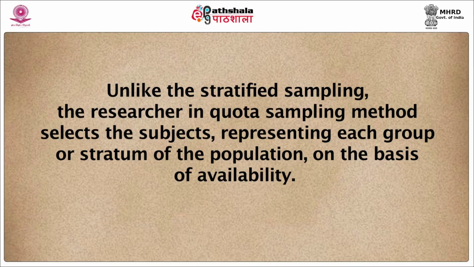On the other side, some restrictions are imposed to limit the researcher's choice in controlled quota sampling. This type of sampling is similar to stratified sampling. However, unlike stratified sampling, the researcher in the quota sampling method selects the subjects representing each group or stratum of the population on the basis of availability.